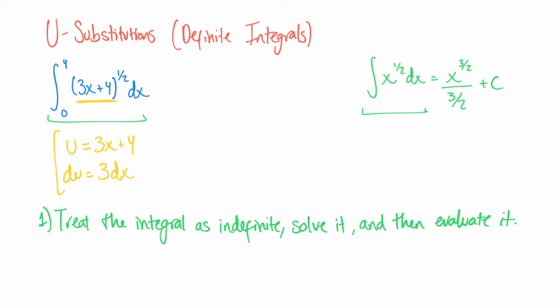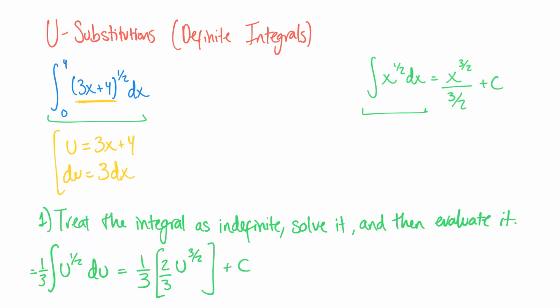So what does that mean? Now that I have my u-substitution, all I do is plug it in. So now I have an indefinite integral, more or less, and I have u to the 1 over 2 du, and 1/3 over here. So this is 1/3 times u to the power of 3 over 2 divided by 3/2, plus c.